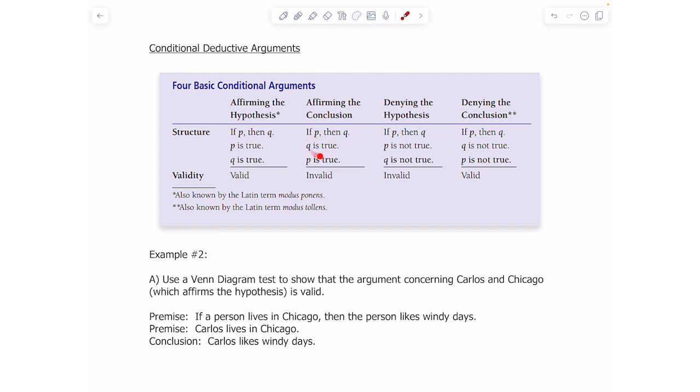I went to the Bahamas. Well, just because you went to the Bahamas doesn't mean that you went snorkeling. You could do a lot of things in the Bahamas, right? So that's invalid. And then the other invalid argument is called denying the hypothesis. And that says, if P, then Q. If P is not true, Q is not true. Well, that can't be because in order for Q to happen, P has to happen.